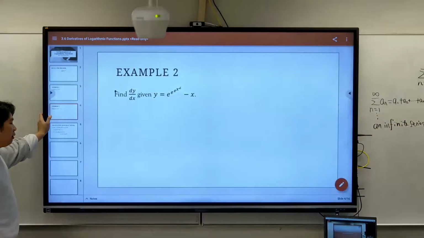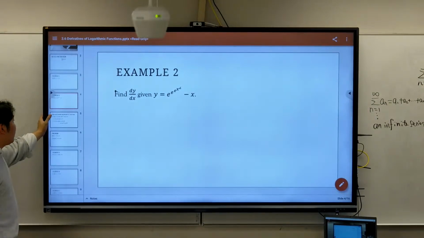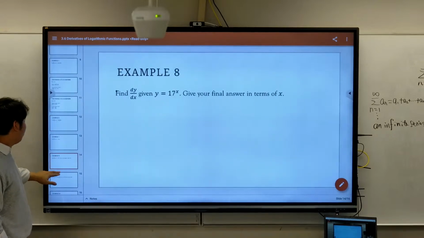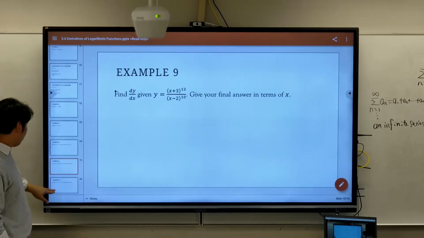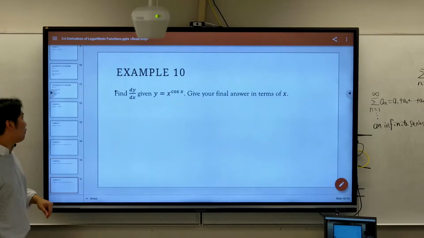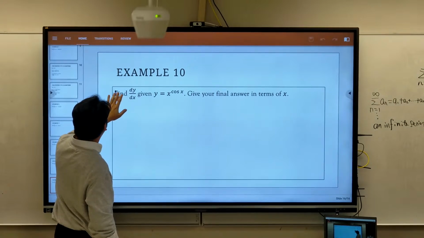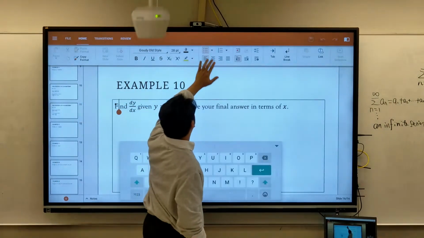So again, all of these things that we're doing is we're exploiting the properties of the logarithm in order to get sort of a more straightforward derivative. Oh, I lied. There's only one more example. So let me go ahead and make this full screen. Let me remove that dot.